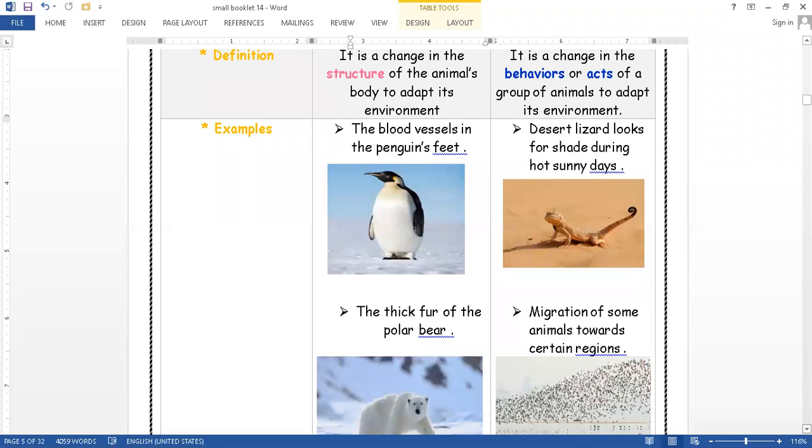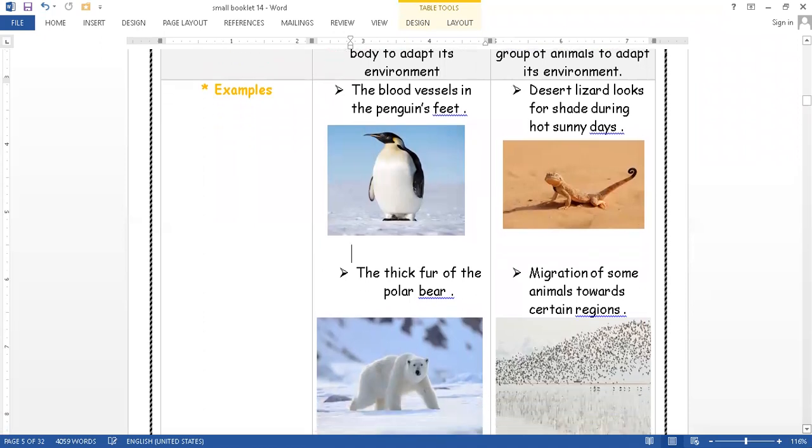During the morning, the weather is so hot, so it starts to search for a shaded area. It's something related to the behavior or the action of the animal, so it refers to behavioral adaptation. And also something called migration of some animals towards certain regions.